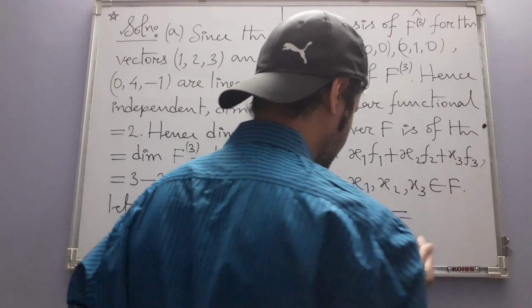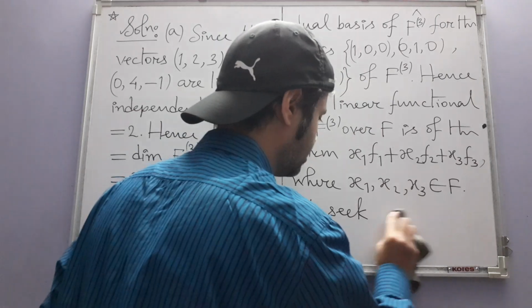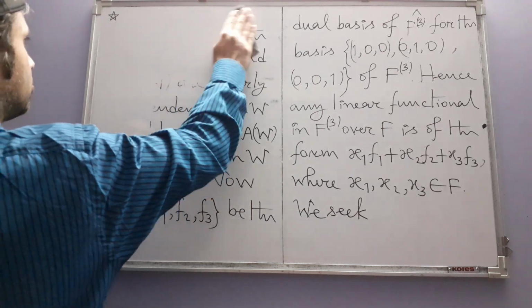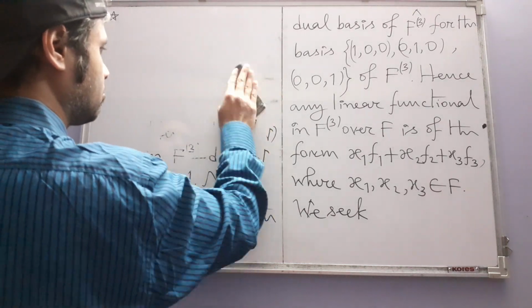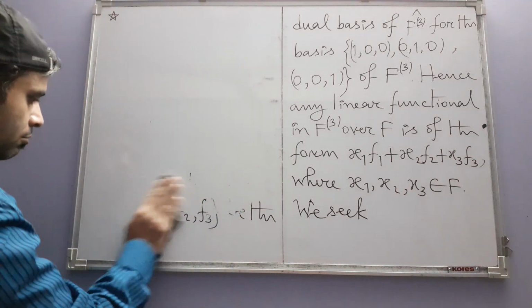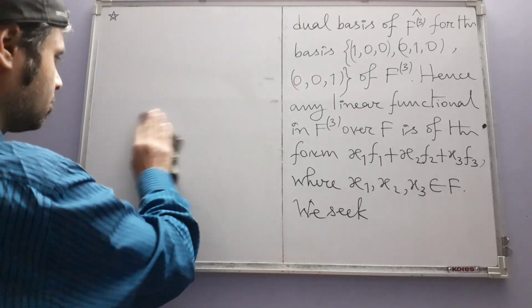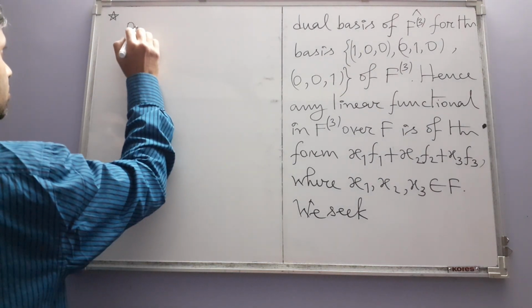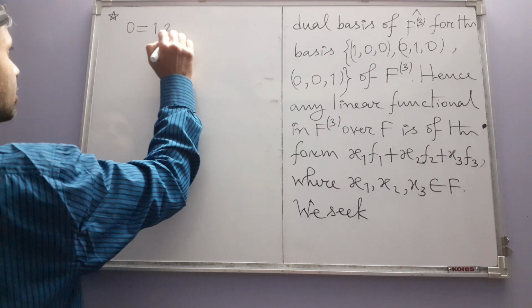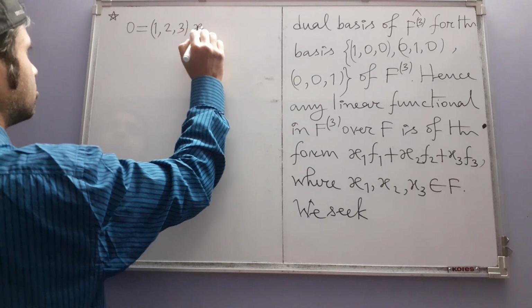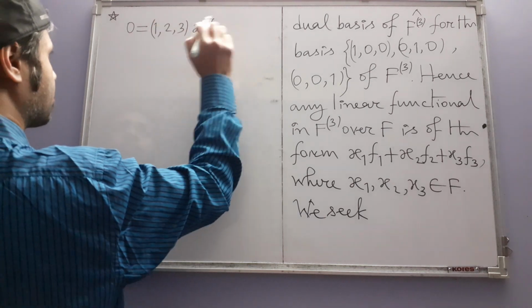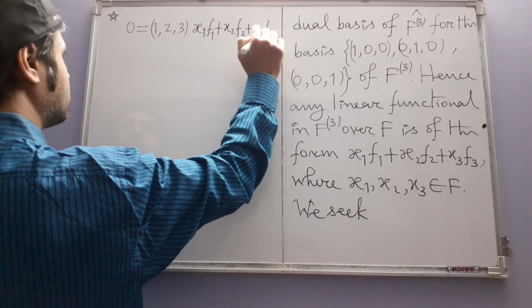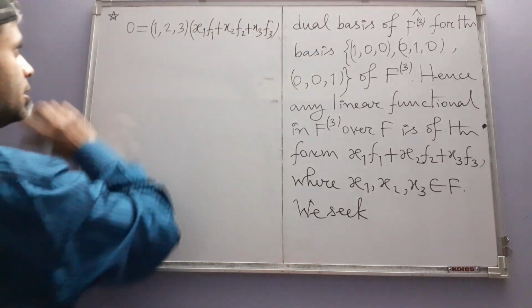That is, if I won't be able to write it properly here, let me continue from here. That means if we apply our linear functional on this vector, then we should get 0, the 0 scalar.